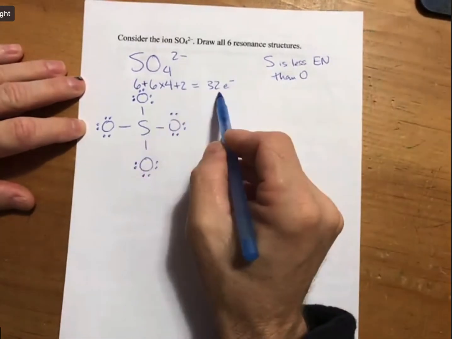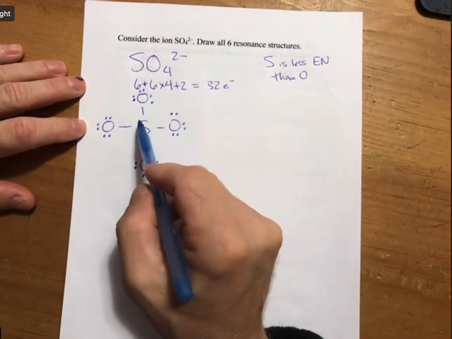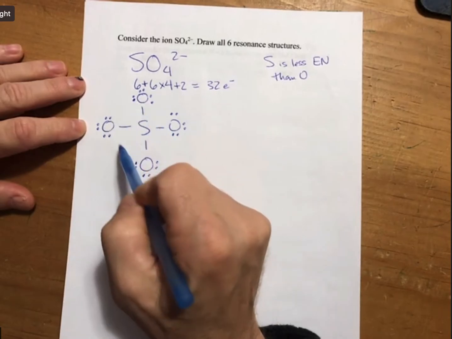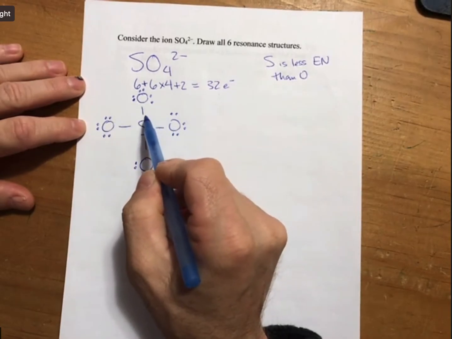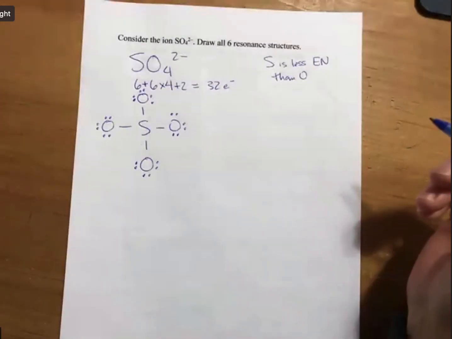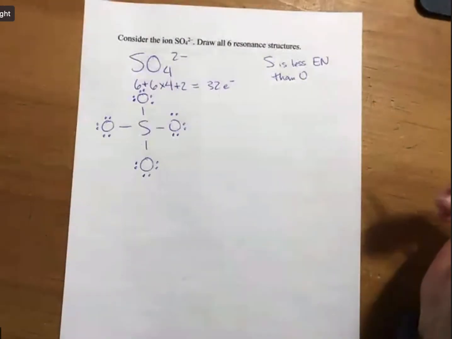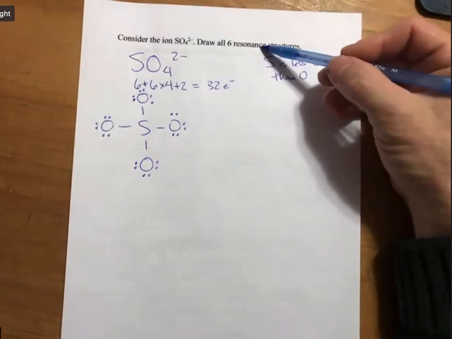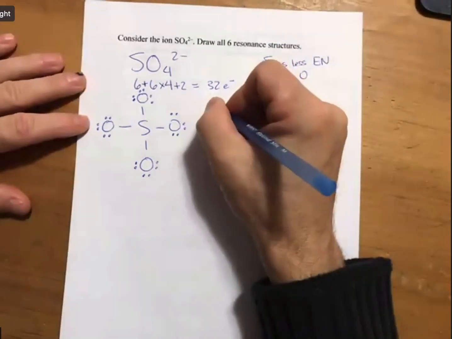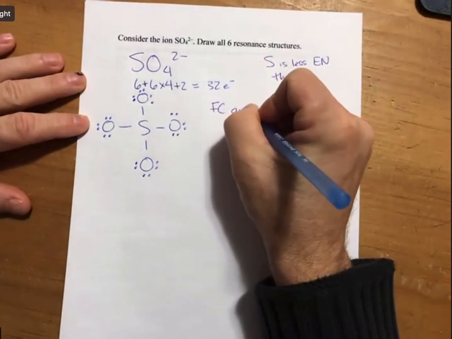That's the number of electrons, and we can see that currently every atom has an octet. So we don't have to form any double bonds right away. We will only form double bonds that lead to resonance structures when we do our formal charge analysis.